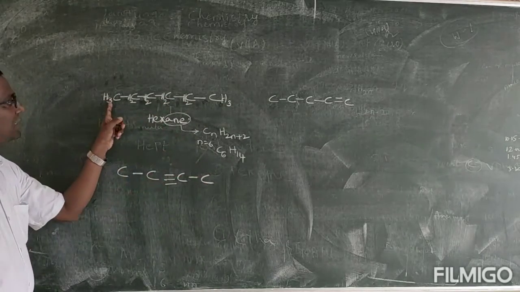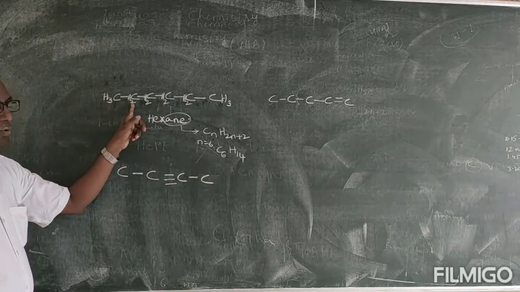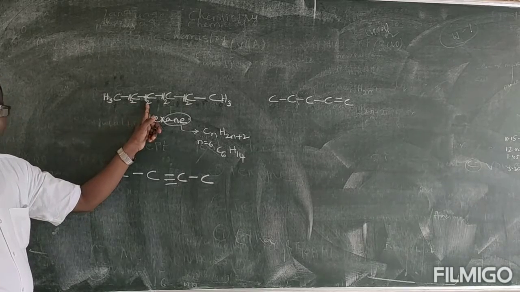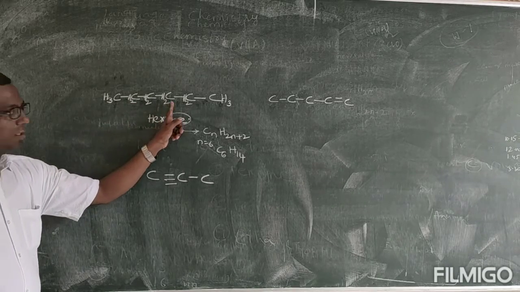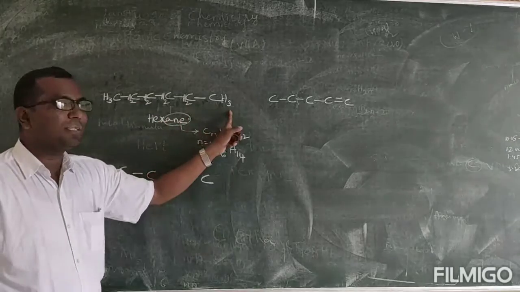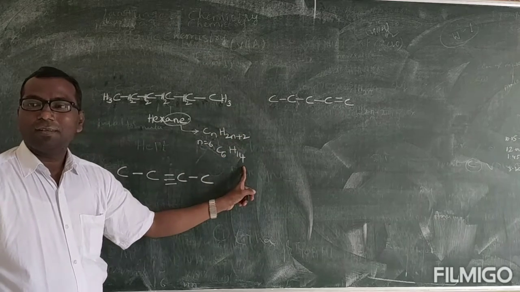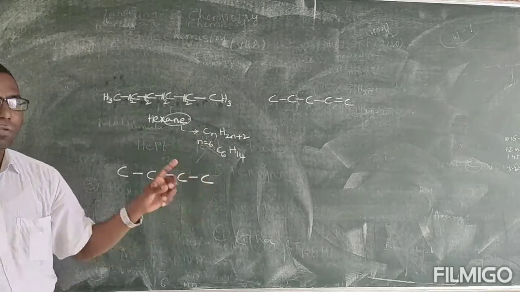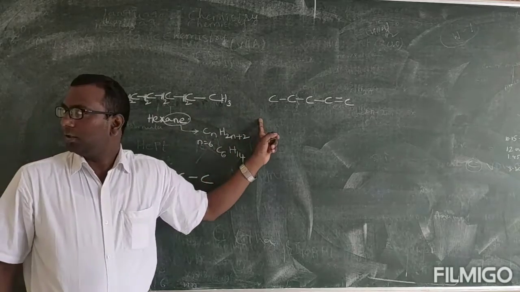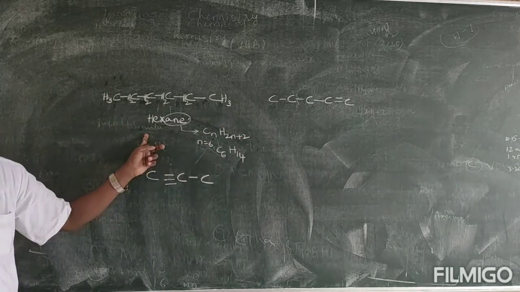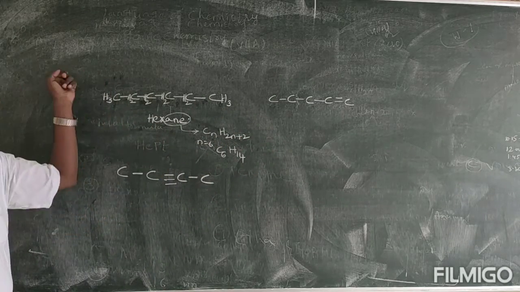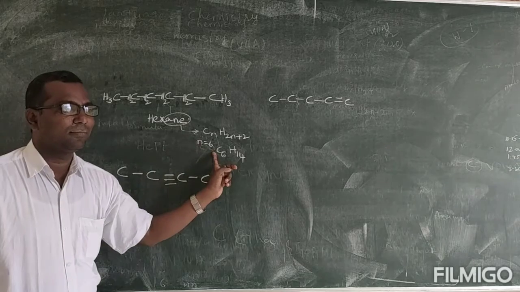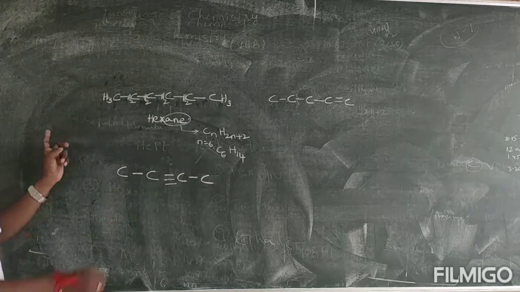How many hydrogens are there? 3 plus 2, 5, 5 plus 2, 7, 7 plus 2, 9, 9 plus 2, 11, 11 plus 3, 14. Have you understood? This is the reverse technique. They will give the compound and you are going to write the name. After writing the name, you are going to cross check again. This is one rule.